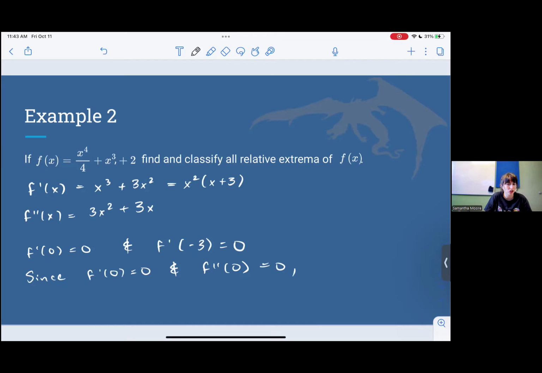That's neither positive or negative, so we really don't get to say anything. The second derivative test does not say anything about x equals 0.